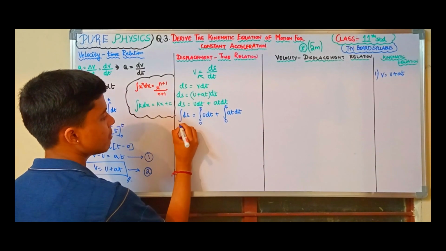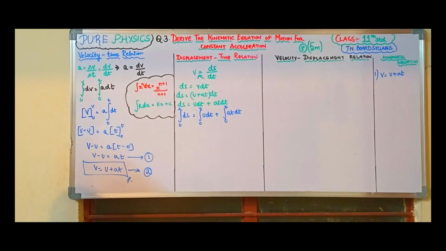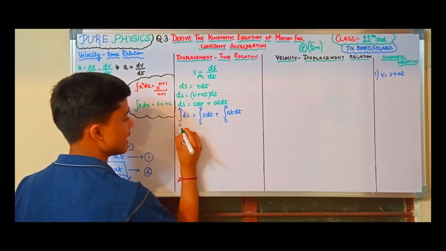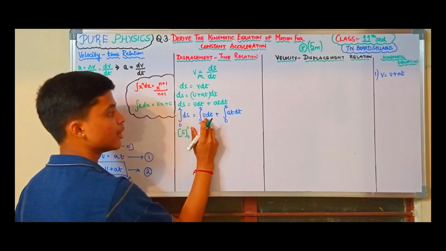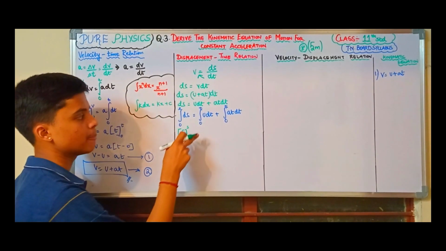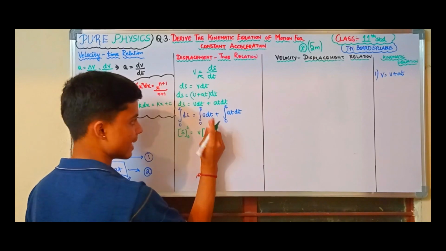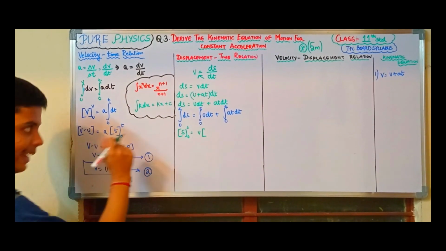Here my displacement will be from 0 to s. Integration of ds is always s, so I'll apply the limits here, 0 to s. u can be taken out of the integral because u is a constant here. So I'll take u outside and integrate dt, and integration of dt will give you t.